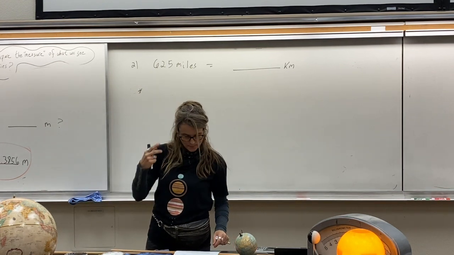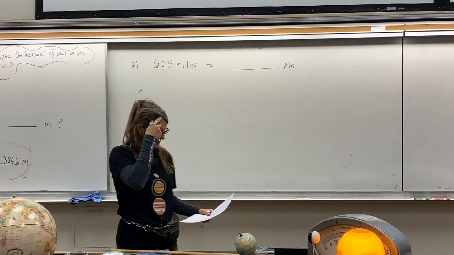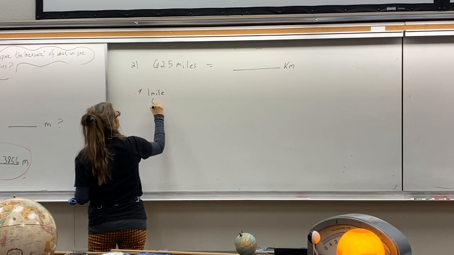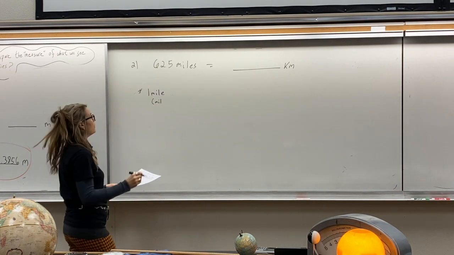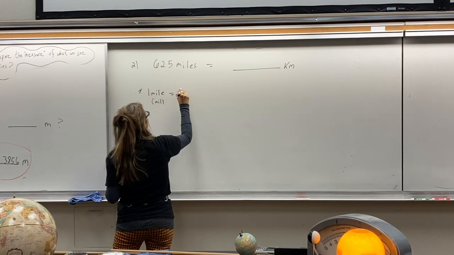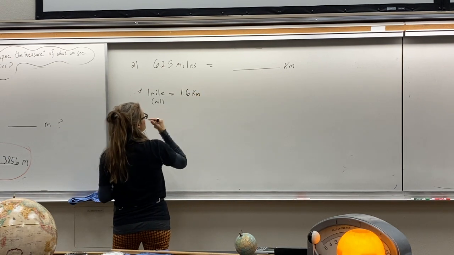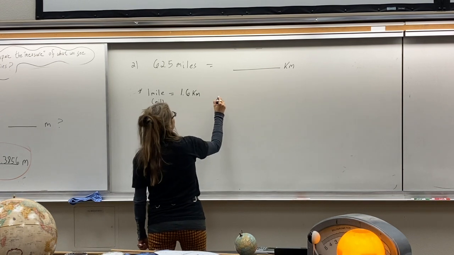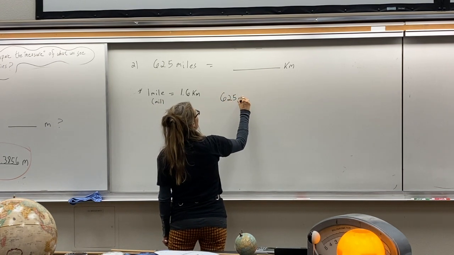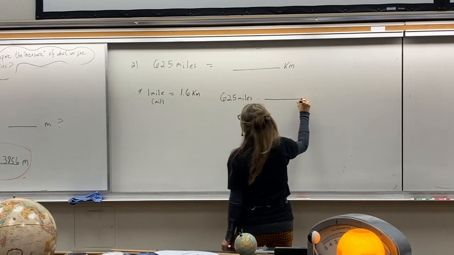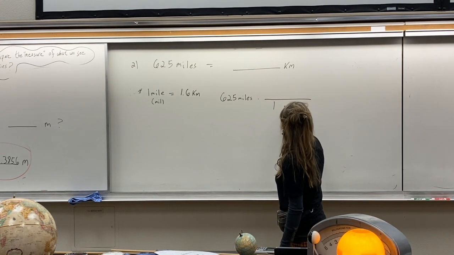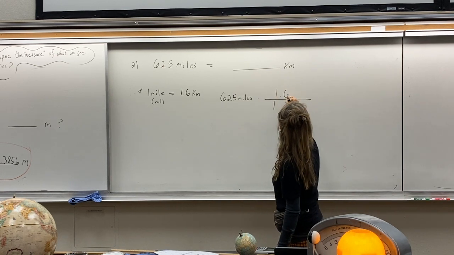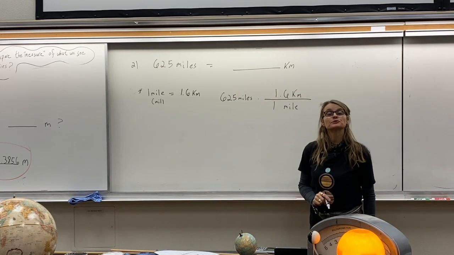If I look this up, I'll get the handy fact that 1 mile, sometimes denoted as MI, is approximately equivalent to 1.6 kilometers. So to do this conversion, this is going to be 625 miles times 1 mile, which is what I want to get rid of here, and put my kilometers on top, because I want to introduce the kilometer unit.